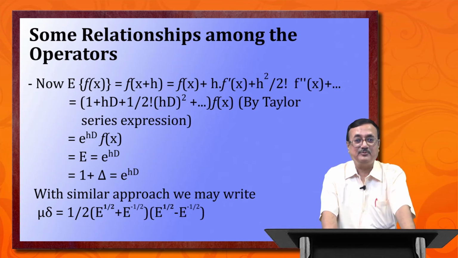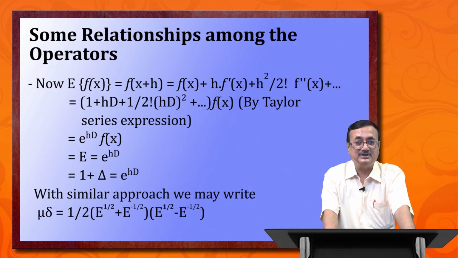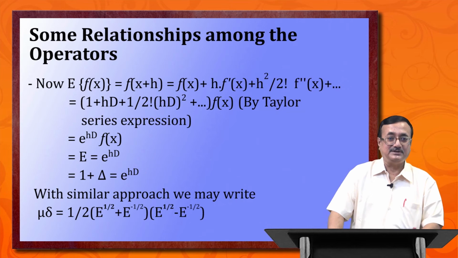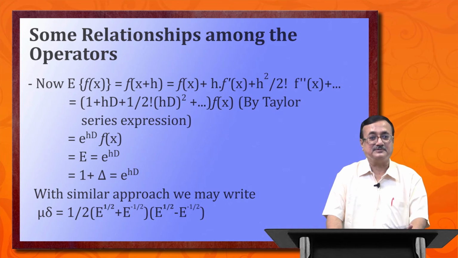This gives rise to half of e to the power hD minus e to the power minus hD, which, you know, is sine hyperbolic hD. That is, sine hyperbolic hD is mu into delta, and therefore hD can be written as sine hyperbolic inverse of mu into delta. I am writing this relationship down here because we will find in many places that this expression has been used in your text.